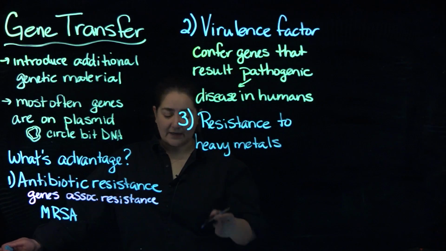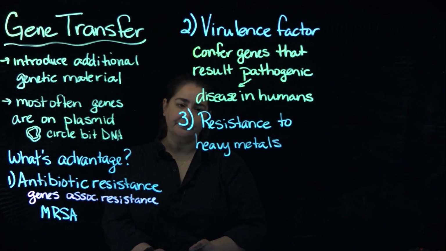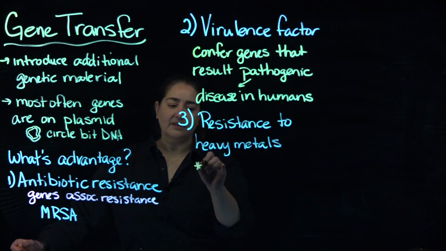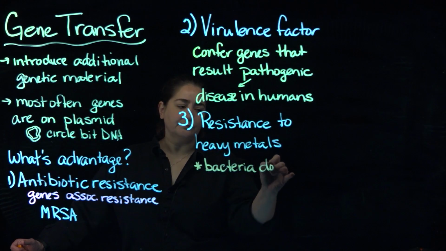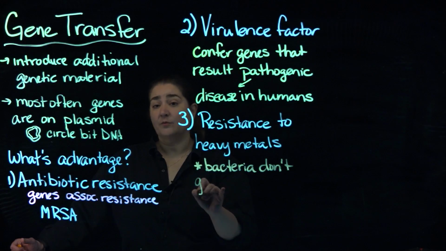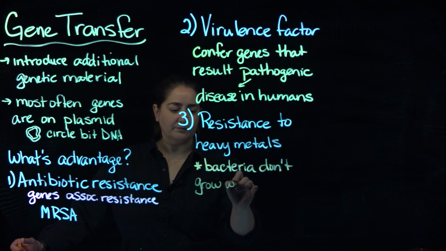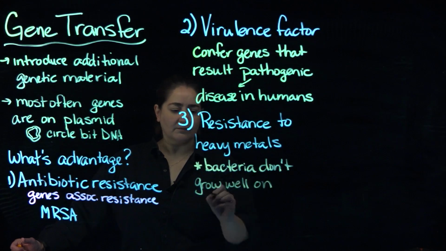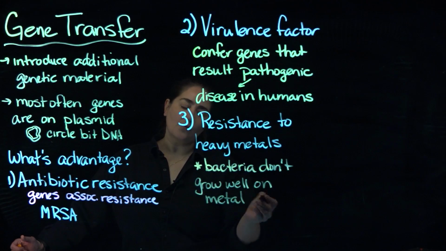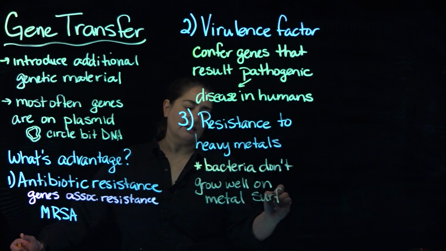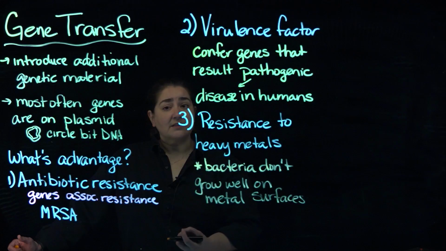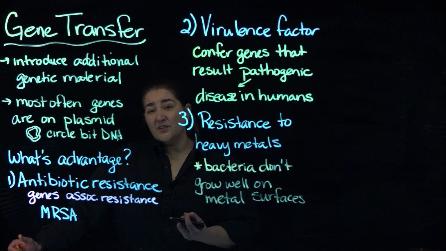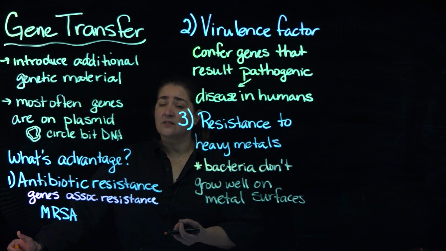So with bacteria, all right, bacteria don't grow well, normally anyway. I need to get a new orange marker. The bacteria don't grow well on metal surfaces. This is why in surgical suites you've got so much stainless steel, because bacteria tend to not want to grow on the stainless steel.